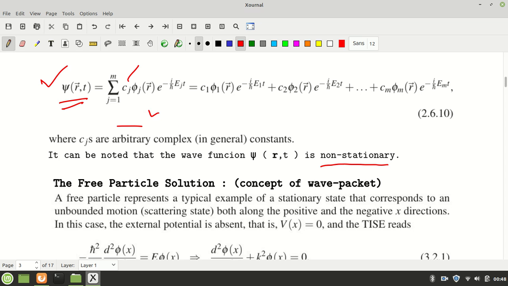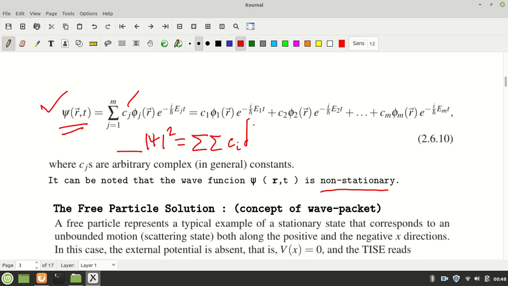We can deduce it very easily: mod psi square is the double sum over C_i star C_j, because C_j can be complex in general. If you multiply these two sums to each other, one over i and one over j, you get the general form.